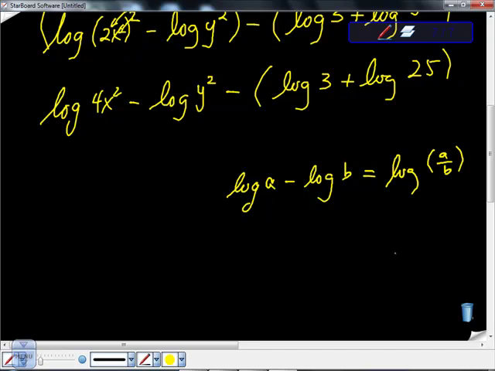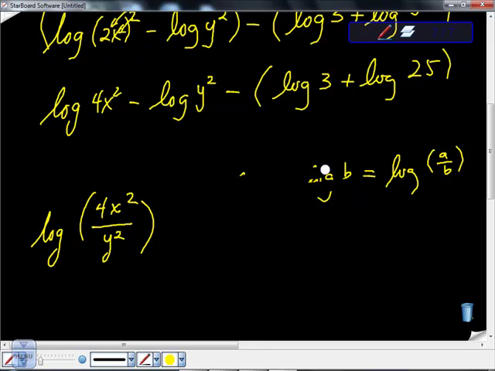So I'm going to use that rule here. I'm going to say this is log of 4x squared over y squared. Minus, and I can see where you're like, okay, there's another minus sign, we can do that. I'm going to hold on to that for a second and simplify this inside first, so there's this negative sign.